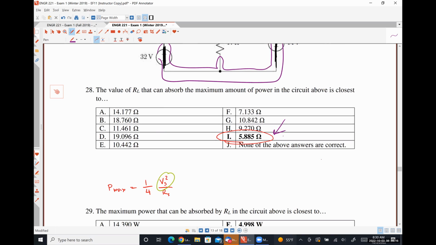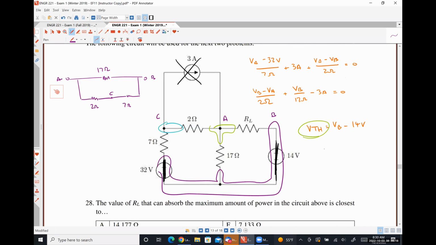On your first KCL equation, why is it VA minus 32?